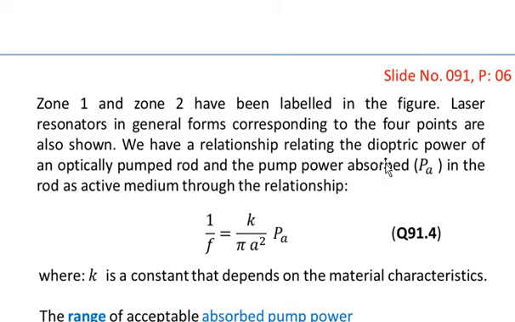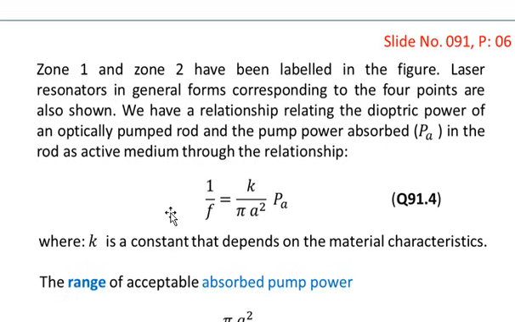We have declared it as the dioptric power of an optically pumped rod, because this lens has been used in order to simulate the variation in the power of the pump.